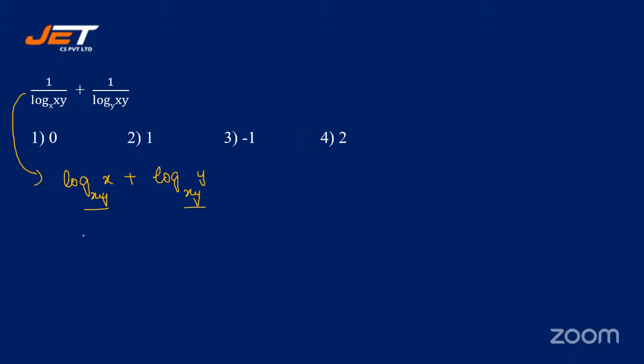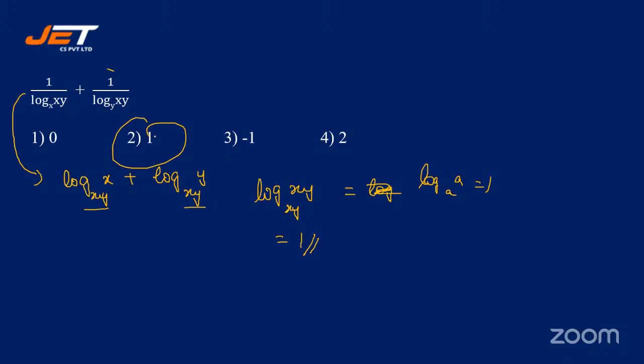So when the base is same, you can add, taking x and y. Like what is log a plus log b? Log ab. So log xy base xy becomes 1. Log a base a is 1, isn't it? Therefore, the answer should be 1. That is option 2. If you had opted for option 2, then your answer is right.